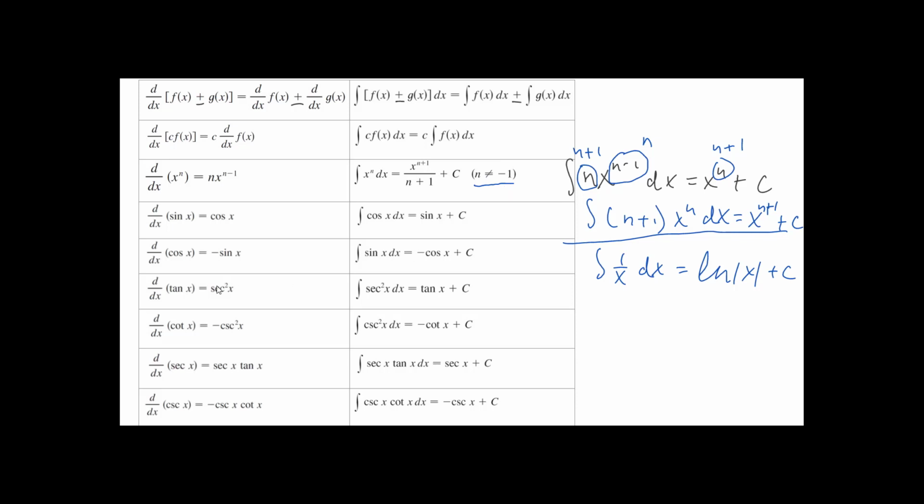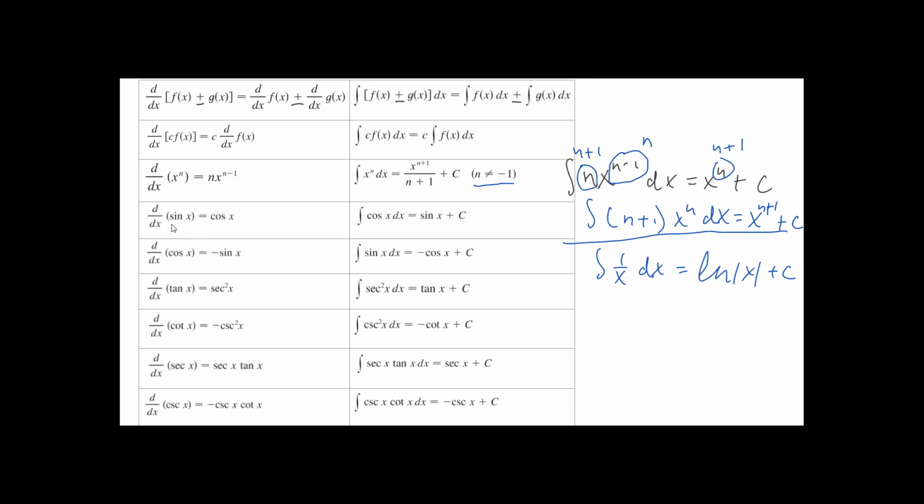Okay, and then we have a bunch of trig formulas. Remember, there are 6 trig functions. So we have 6 trig derivative formulas here on the left, and each of them can be rewritten in terms of indefinite integration.